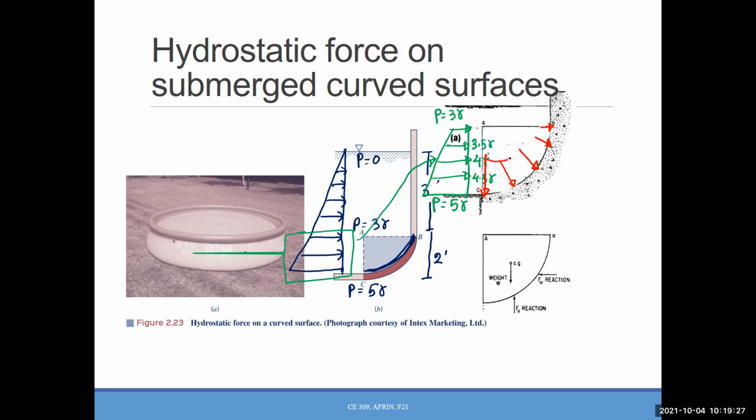So the final shape we are having is that weird shape of pressure distribution. Okay. And if you want to calculate the resultant, that will be somewhere here. I don't know where it will be. Resultant force.